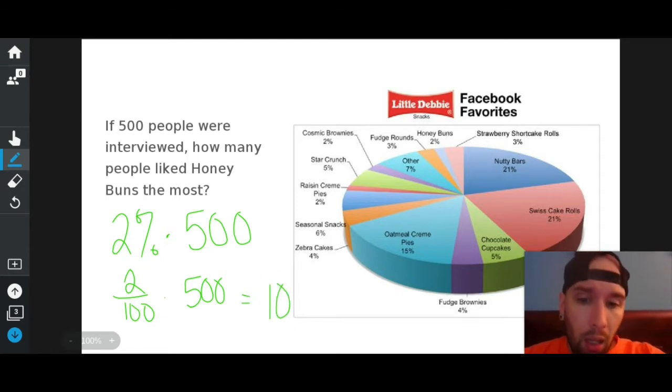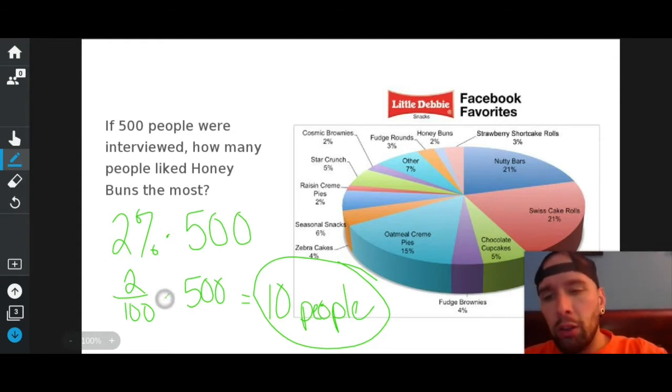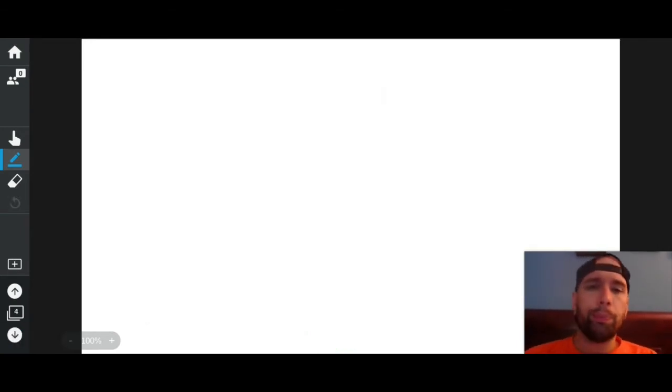So 10 people. I turned it into a fraction because a lot of people would rather deal with the fraction instead of the decimal. 2% is 0.02 or 2 100ths, and 2 100ths times 500 is going to be 10. 2% of 500 is 10. Okay. You can use a calculator too.